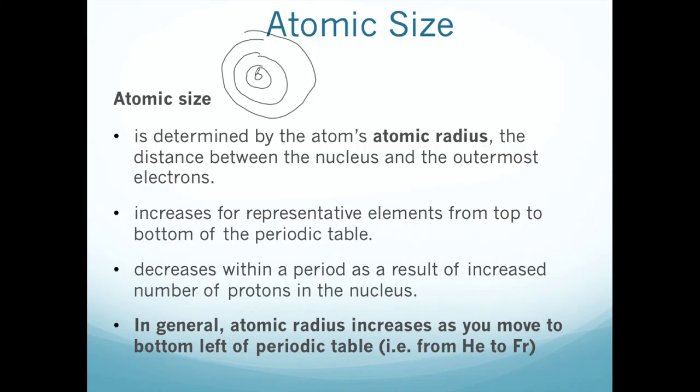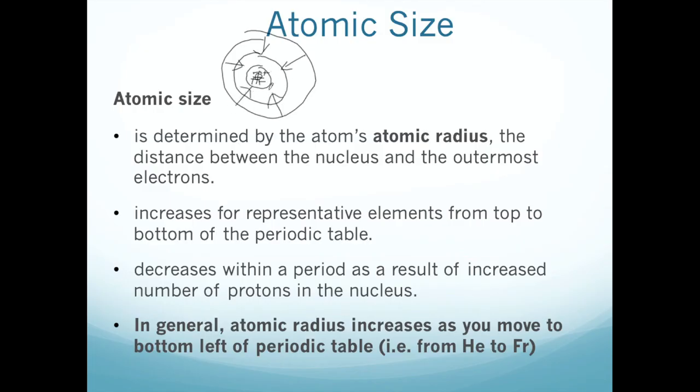Now, while protons don't affect the size of the atom by their own size, you have to remember that protons are positively charged. You've got that positively charged nucleus in the middle of your atom. What's it doing to all these negative electrons surrounding it? Well, as you add more and more protons, you're increasing the pull on those outermost shells of electrons.